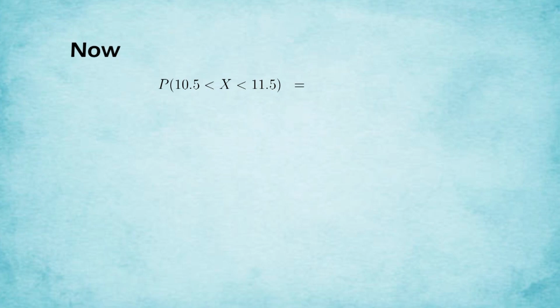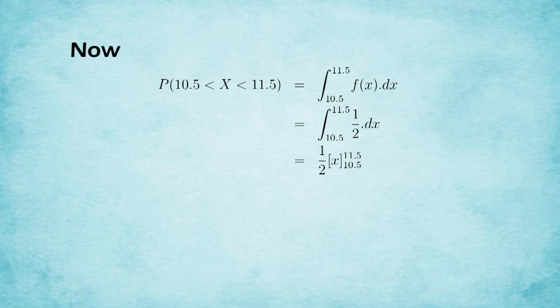Now, to find the probability that a randomly selected bolt will be between 10.5 and 11.5 inches long, consider probability of 10.5 less than x less than 11.5, which is equal to integral 10.5 to 11.5, 1 by 2 into dx, which is equal to 1 by 2 into x in the limits of 10.5 to 11.5, which is equal to 1 by 2 into 11.5 minus 10.5, which is equal to 1 by 2.